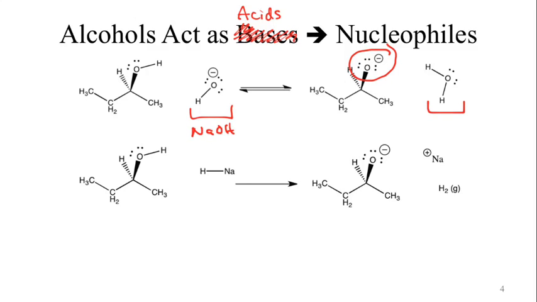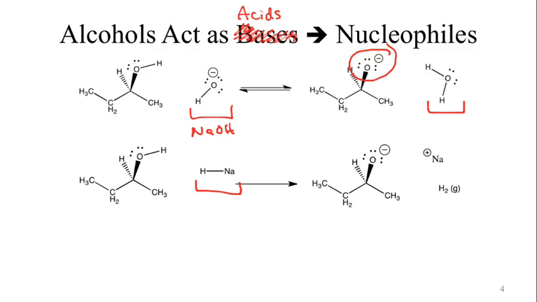Or we react, instead of sodium hydroxide, sodium hydride. You'll notice this is hydride now, not hydrogen ion. Why is it hydride? Well, which is more electronegative, hydrogen or sodium? It may take a little while to evaluate that one. Sodium's a metal, hydrogen's a nonmetal.